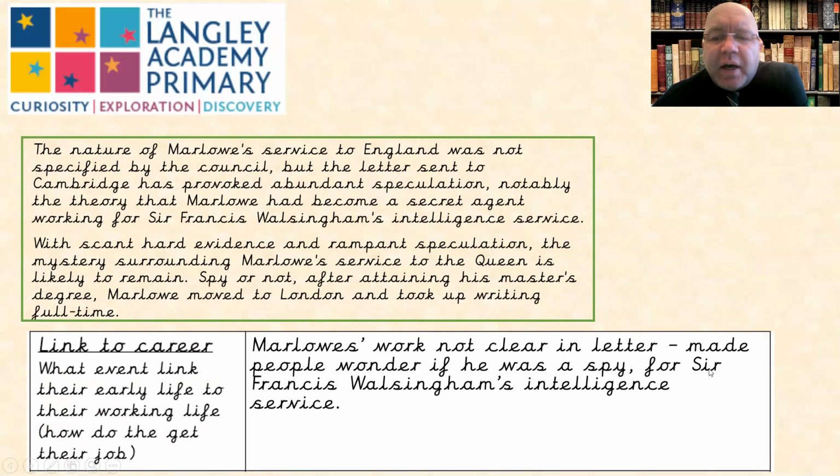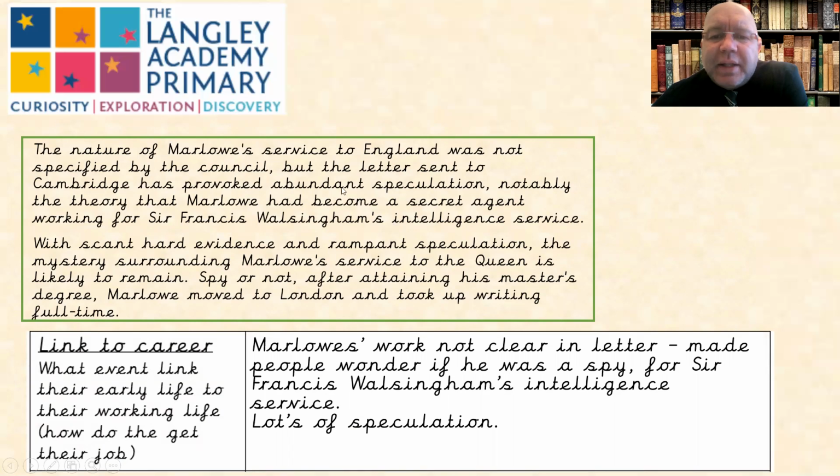And in my research, I identified Sir Francis Walsingham and his intelligence service as a possible place for Marlowe to do his spying. Okay, but this was just people wondering, lots of speculation. So as I said, all I've got there is lots of speculation.